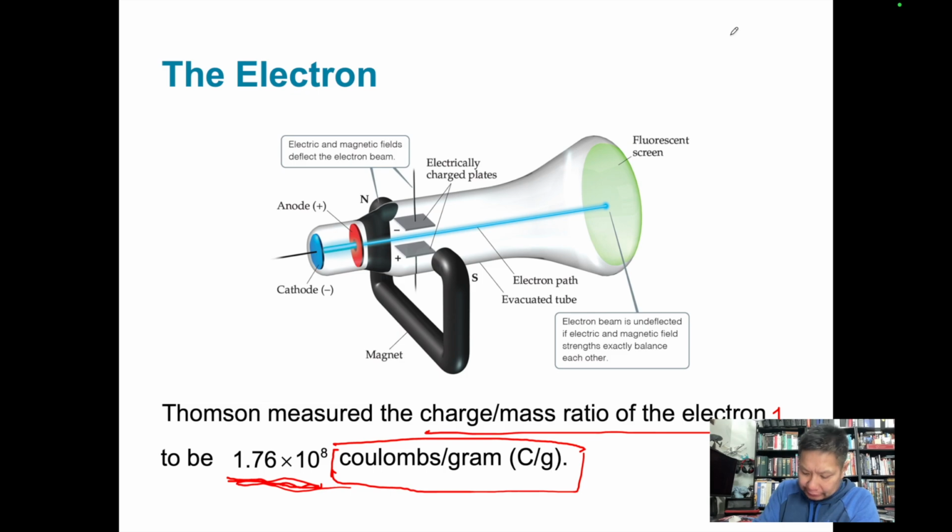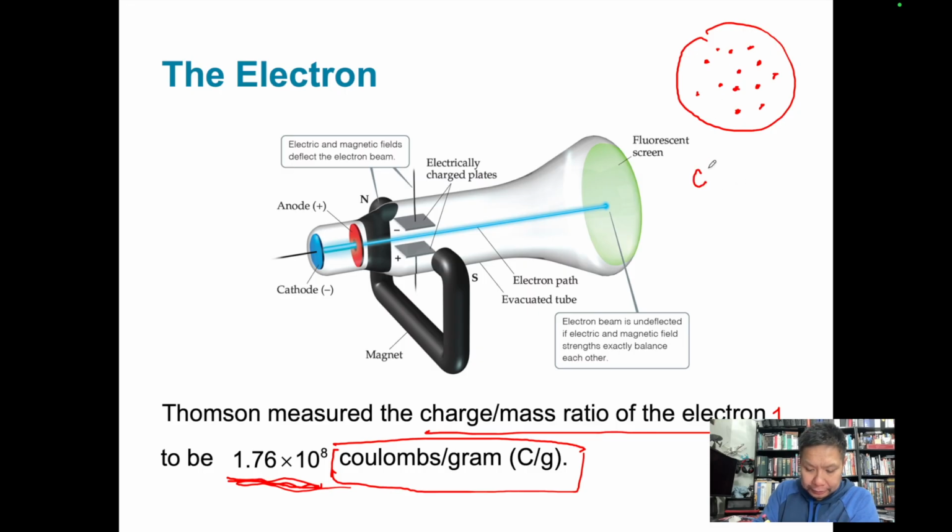You probably heard of J.J. Thomson before. I'll go back to it later, but he came up with this thing called the plum pudding model of the atom, where he had electrons just kind of floating around randomly in this mass right here. They called it the plum pudding model. That's what he thought an atom was, and I don't know what a plum pudding is because I guess that's a British thing, right?